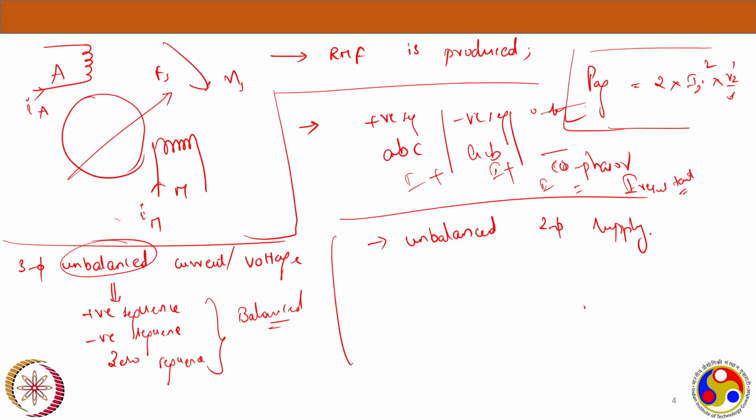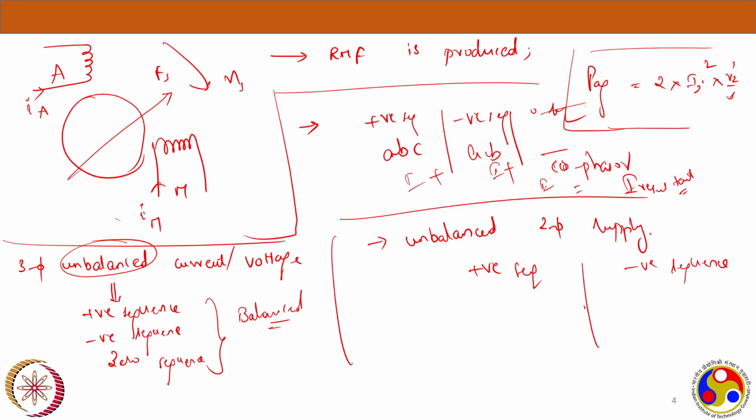There will not be a co-phasor element, but you have a positive sequence and a negative sequence. There won't be any zero sequence since it's a two-phase unbalanced system.